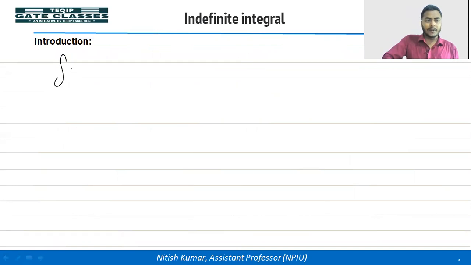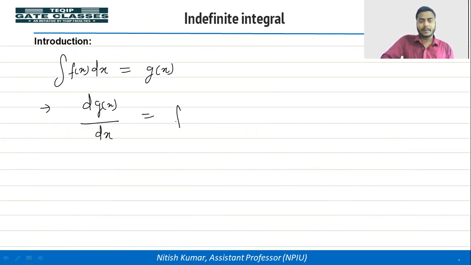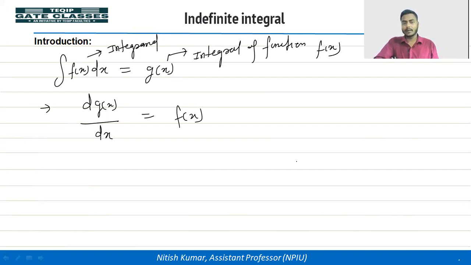Suppose the integration of a function f(x) with respect to x gives some other function g(x), right? So the differentiation of g(x) with respect to x would be f(x). Are you getting my point? So this function f(x) is called the integrand. This function g(x) is called the integral of the function f(x), right?